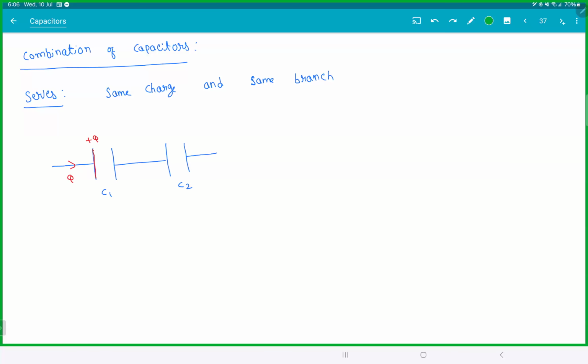But the moment you get a plus Q charge here, you induce a minus Q. Are you getting this? You induce an opposite charge on the facing plate, and to conserve charge, if this is minus Q, meaning plus Q has gone this way, this will become plus Q. This will induce a minus charge again, minus Q, and again a plus Q flowing there.